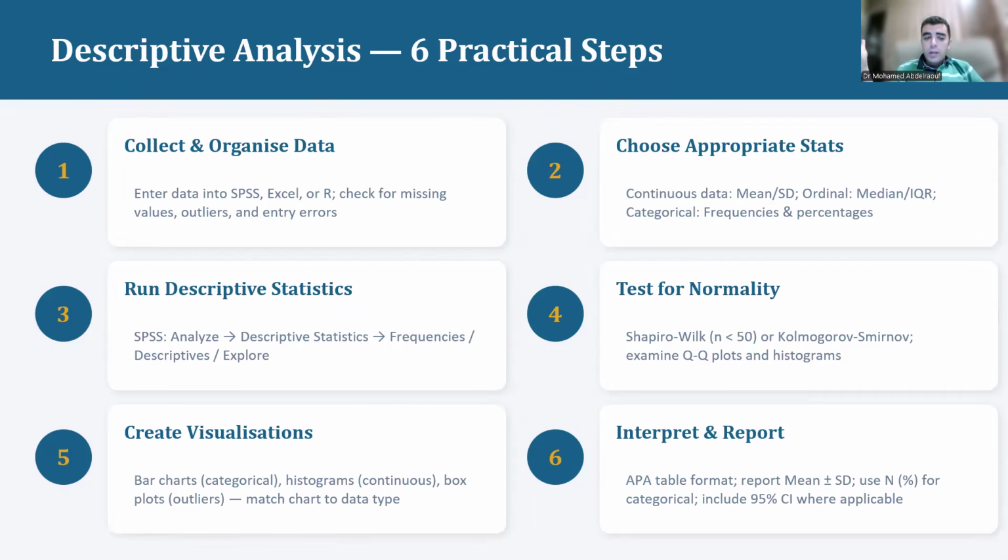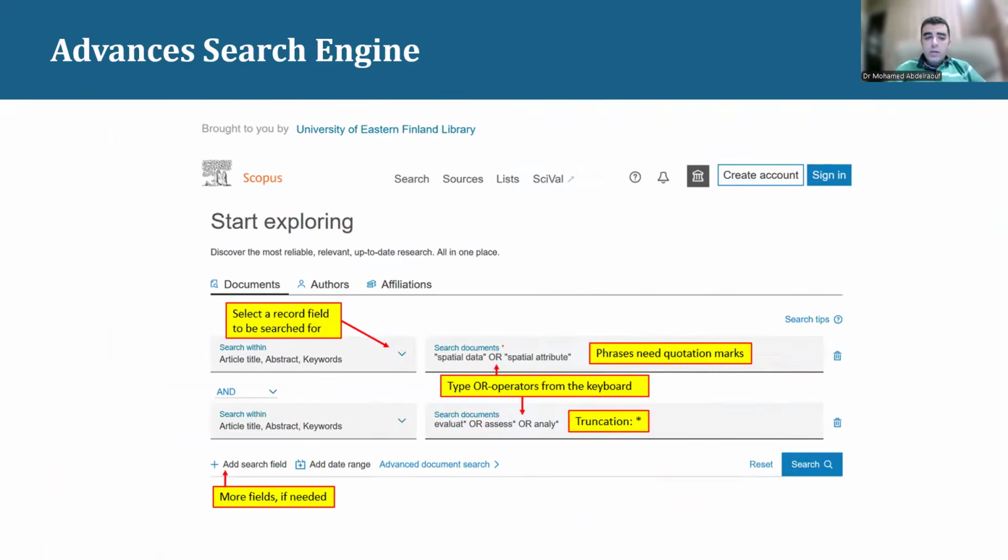Maybe you don't even need SPSS, just an Excel sheet showing a pie chart and flow chart, and that's it. Then test the normality, interpret, and report. Here in the advanced search engine, we learned that we can identify the research papers that we want to extract and download to analyze by doing descriptive analysis.